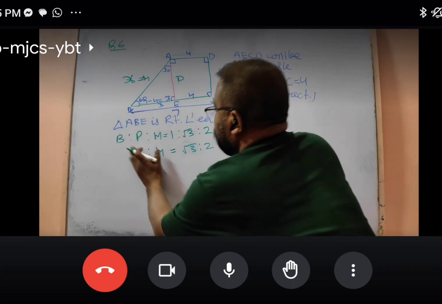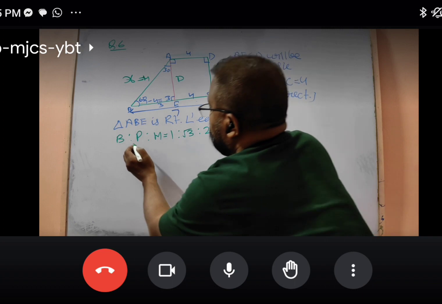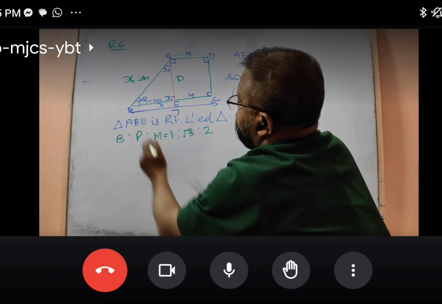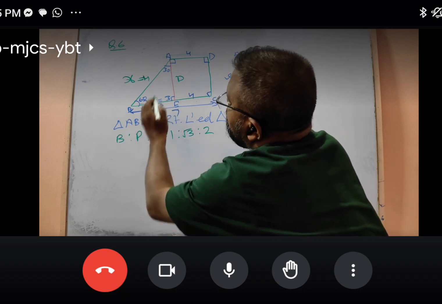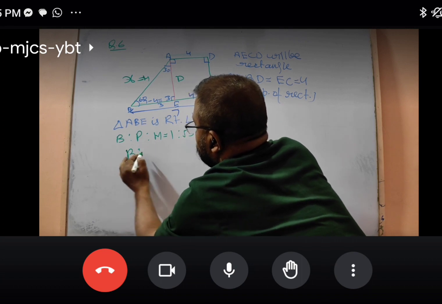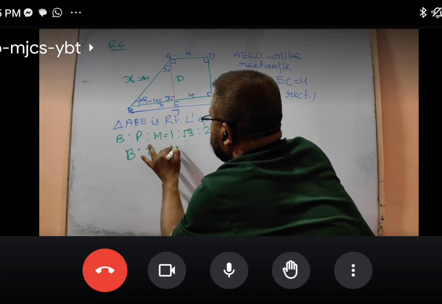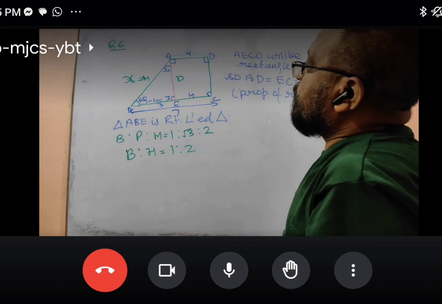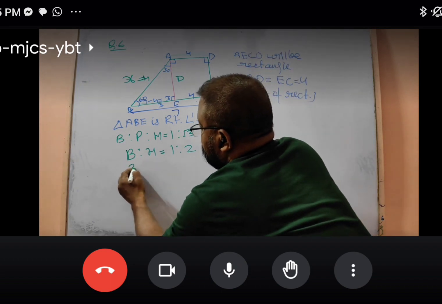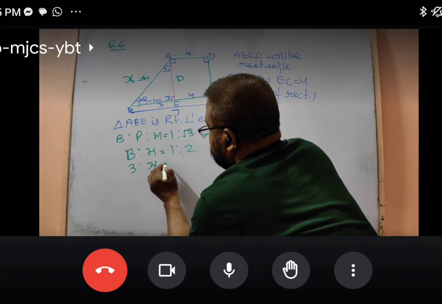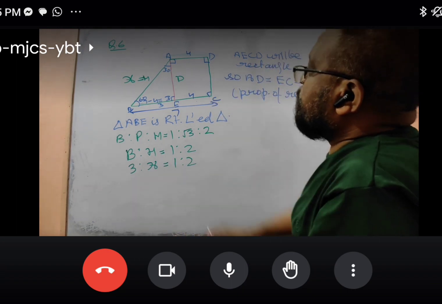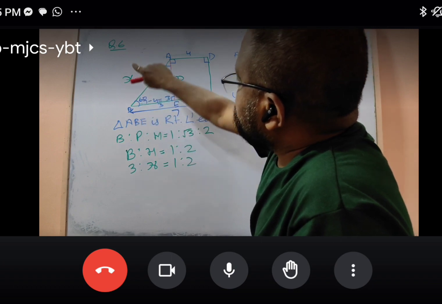So we will take the ratio of base upon hypotenuse, so base ratio hypotenuse is equal to 1 is to 2, right? This is the base, this is the hypotenuse.